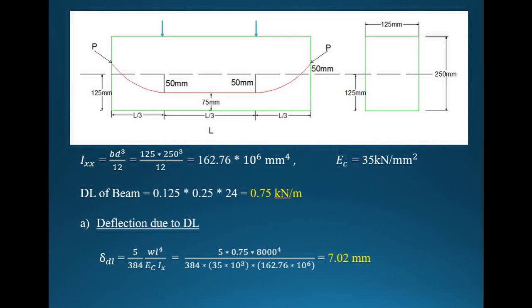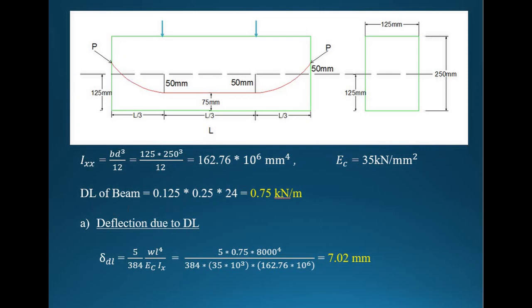B is 125 into depth 250 cube by 12, which equals 162.76 into 10 power 6 mm power 4. This is the I value.